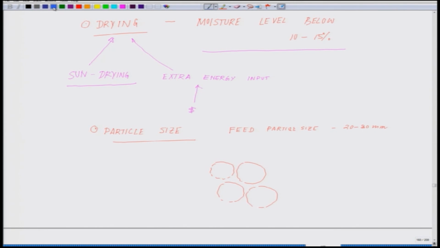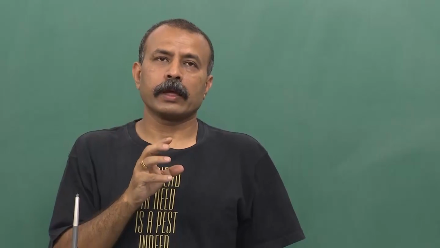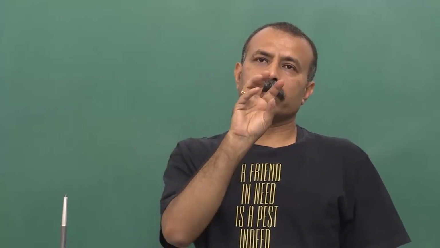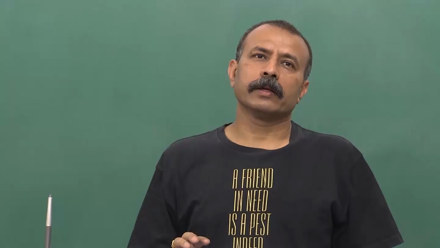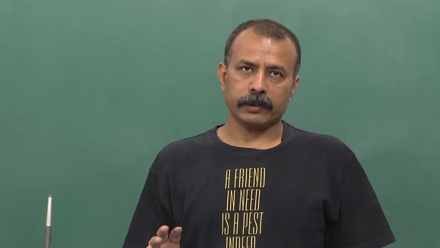And here you have the gas which has to percolate through. In the blue I am drawing the gas. So, you have to have a very optimal particle size. The reason being, of course, one can argue that the maximum area of the particle should come in contact for the reaction to take place.